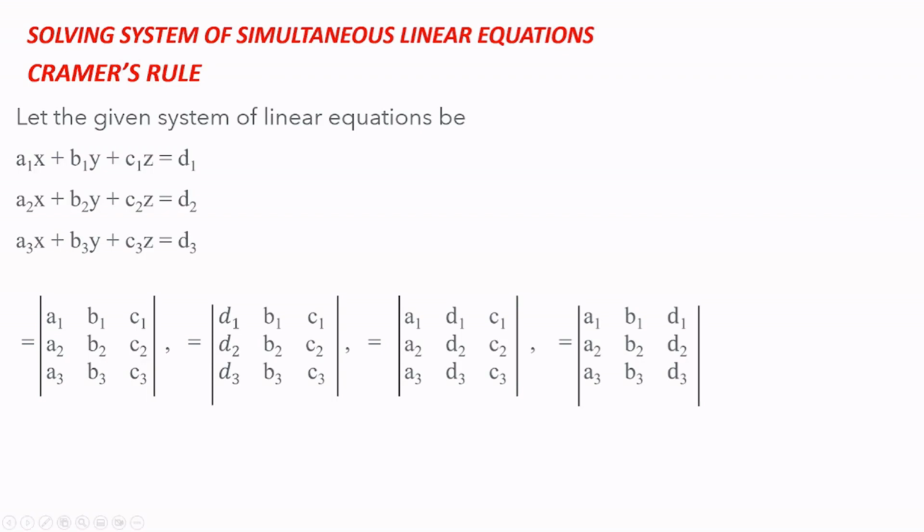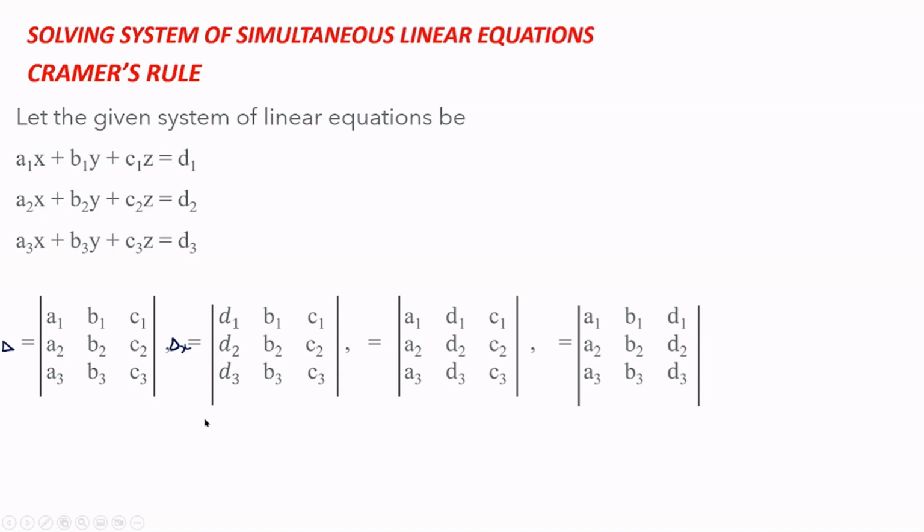If we have a system of linear equations in three unknowns, then we have the determinant of the coefficient matrix, which is given by delta. Then we have delta x, which is obtained by removing the coefficients of x and replacing them with the constant terms given in the equation.